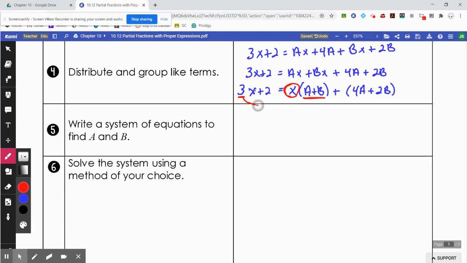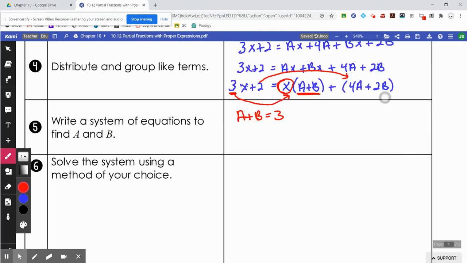So we're going to pair these two things together, and we're going to pair these two things together. In order for this to be equal to this, A plus B would have to equal 3. And this stuff over here would have to equal 2. 4A plus 2B has to be 2.